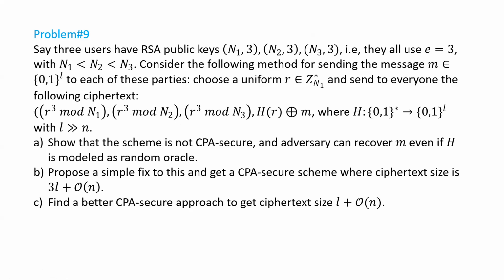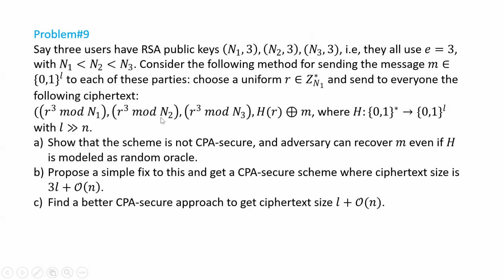So let's say you have some common factor in n2 and n3. If n2 and n3 are not co-prime, that means they have some common factor. And if so, it can easily be found by performing GCD between n2 and n3. And once you have recovered one prime factor of n2, the other factor is also easily recovered.